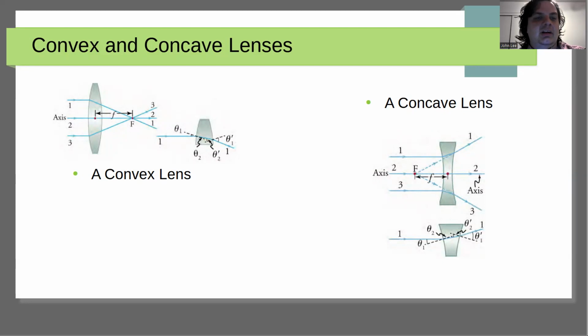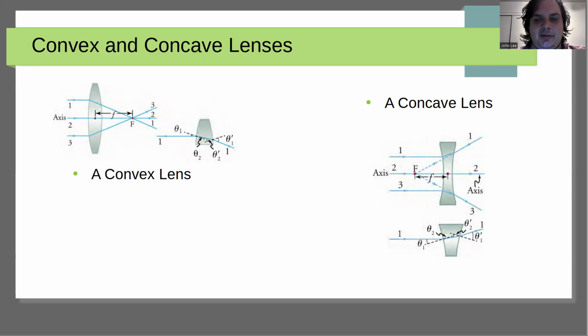And these are useful, but a problem with them is that they have to be really thin. If they aren't thin, then with what we said about the prisms, where the prisms would break light into different colors, these lenses will also break light into different colors and have different focal lengths for different colors.